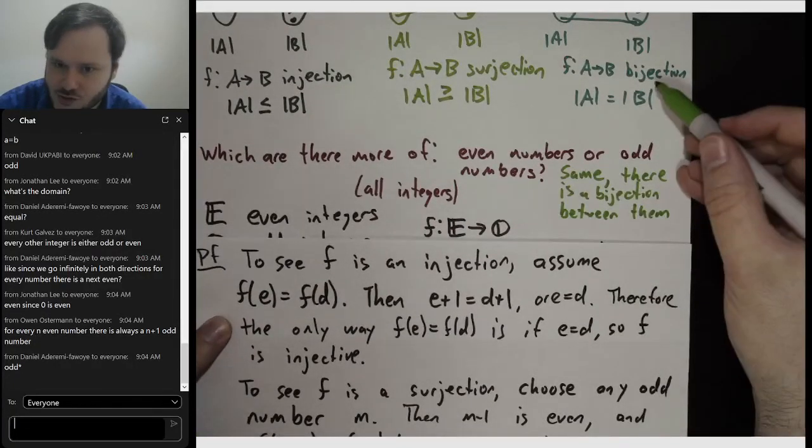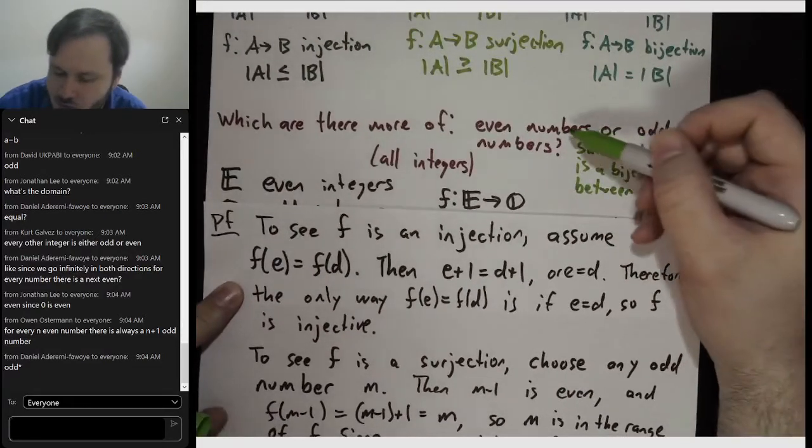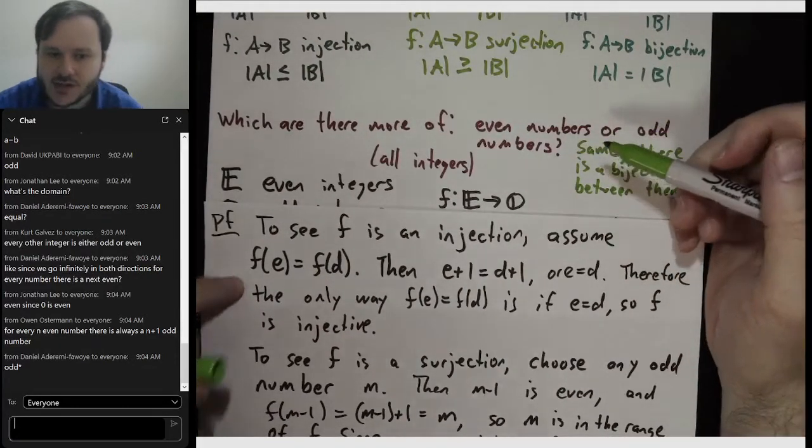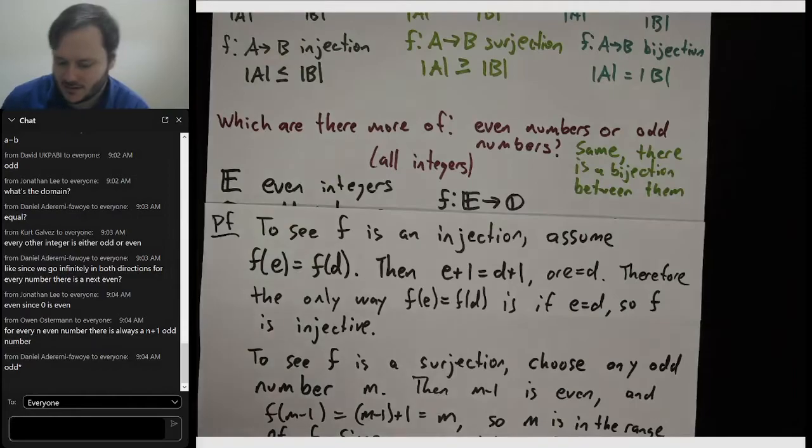Right? Bijection means the two sets have the same size. There's a bijection between even numbers and odd numbers. So, there's infinite of them, but it makes sense to say that there's the same number.